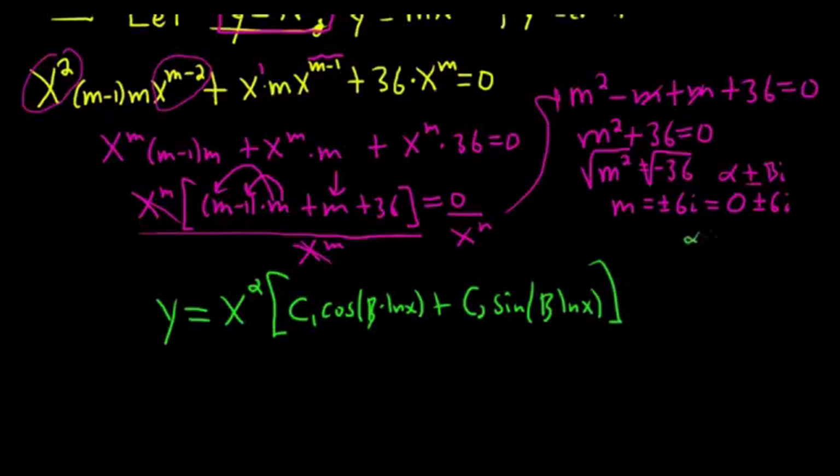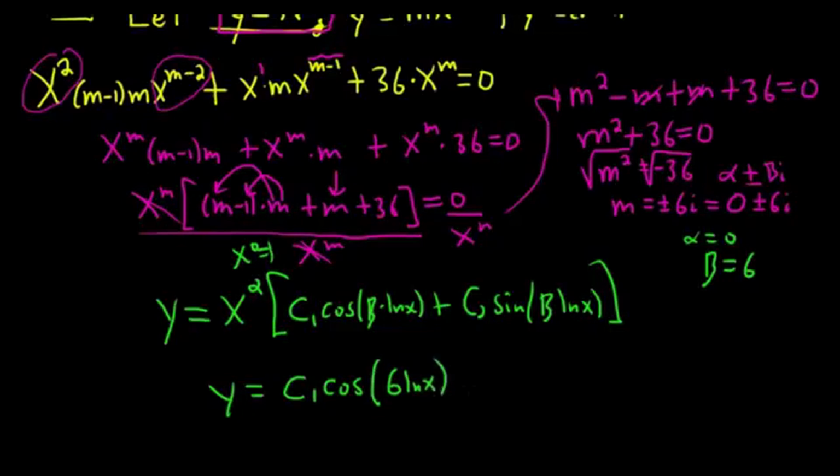Notice here alpha is 0, so that's nice, and beta is 6. So x to the 0 is going to be 1, so we don't have to write it. So we just have y equals c1 cosine, and then we said beta was 6, so this will be 6 ln x plus c2 sine 6 ln x.